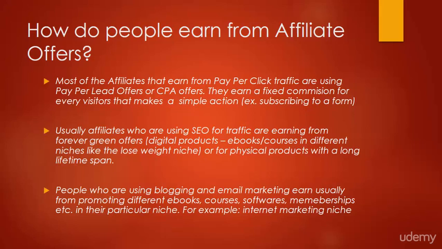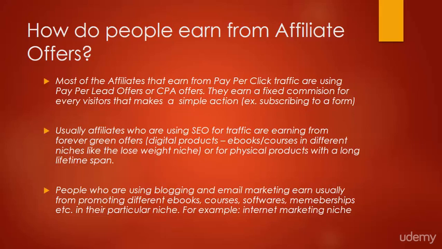Most of these guys using pay-per-click are earning from pay-per-lead offers and CPA offers, and they earn a fixed commission for every visitor that makes a simple action, for example, subscribing to a form, and I will show you an example of how you can use that too, of this type of affiliate offers.